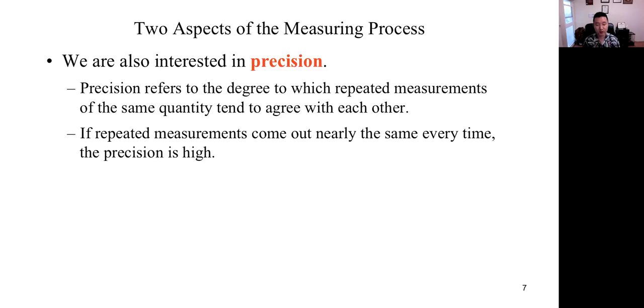Precision refers to the degree to which repeated measurements of the same quantity tend to agree with each other. Basically, precision measures the spread or difference between single measurements. If repeated measurements come out near the same every time, so that there is a very small difference between single measurements, then we say the precision is high. That's different from accuracy.